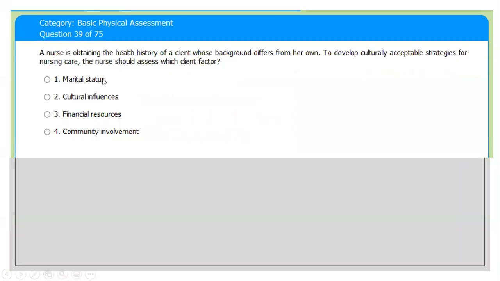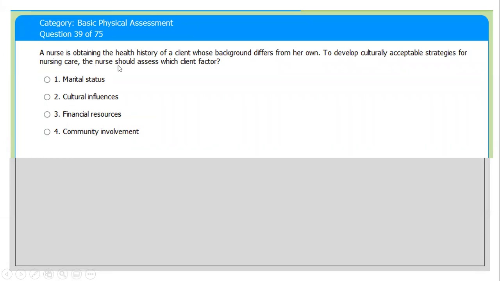Next question here. A nurse is obtaining a health history of a client whose background is different from her own, to develop culturally acceptable strategies for nursing care.